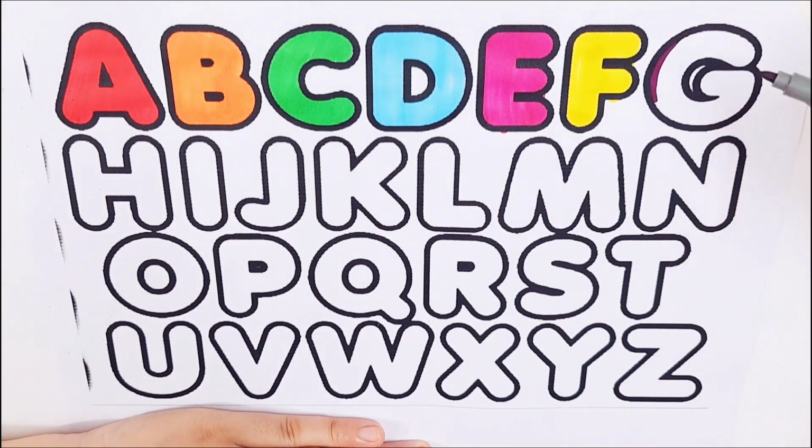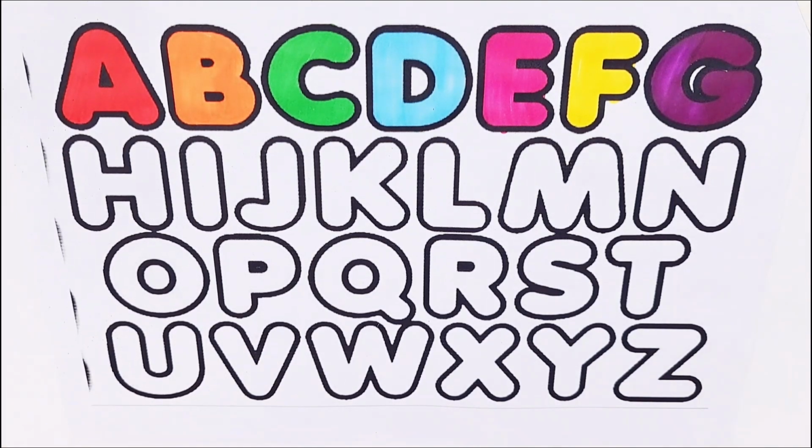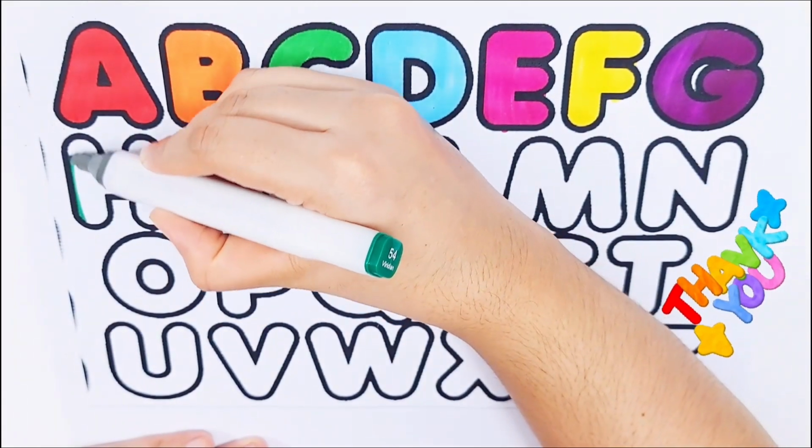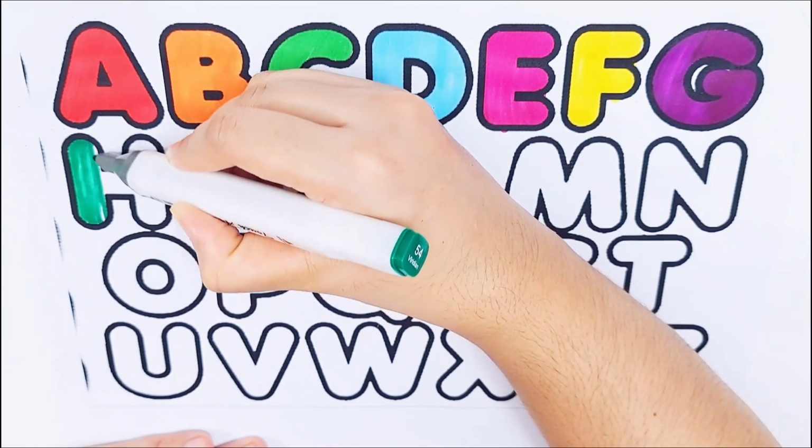Violet color. G. G for grapes. Dark green color. H. H for hat.